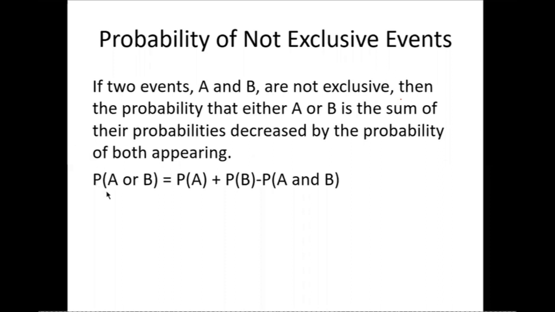For instance, the probability of A or B is the sum of the probability of A plus the probability of B minus the probability of both appearing. So kaya magiging minus probability of A and B. Okay.